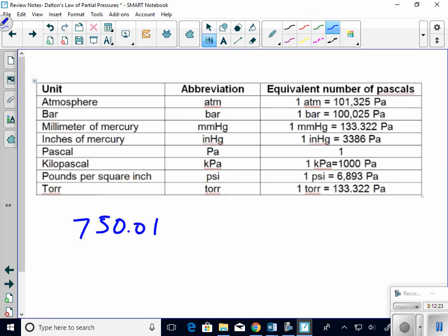I need to find kilopascals, but I only have one torr is equal to 133.322 pascals. Could I get that into kilopascals? How would I do that? How would I convert from pascals to kilopascals?